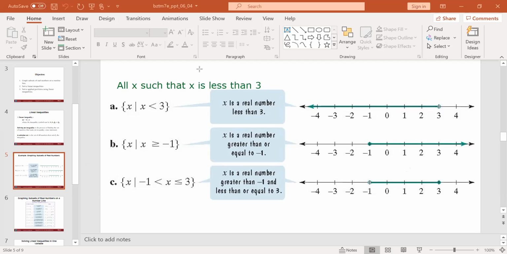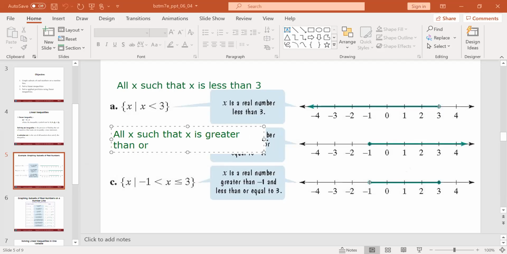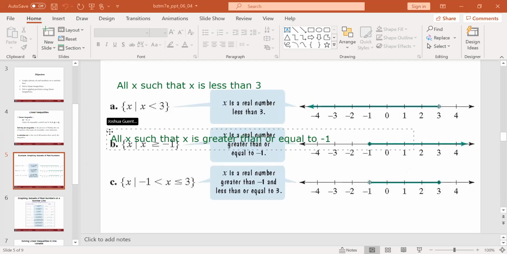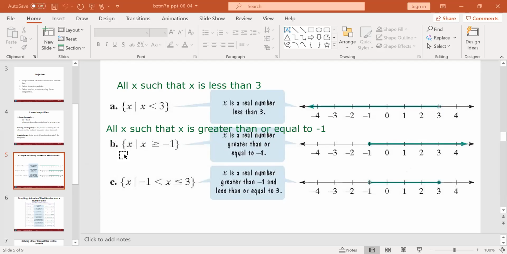This next set is all x such that x is greater than, or it can also be equal to, -1. And let's see if I can move that so it's a little easier to see. That's what this next set is saying.